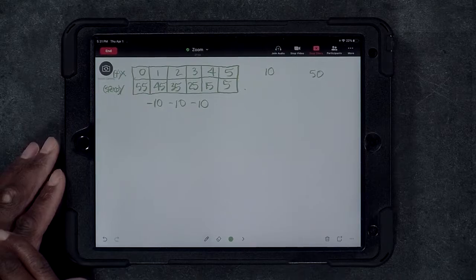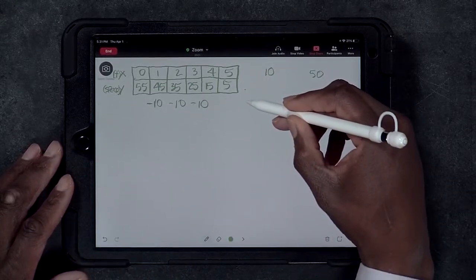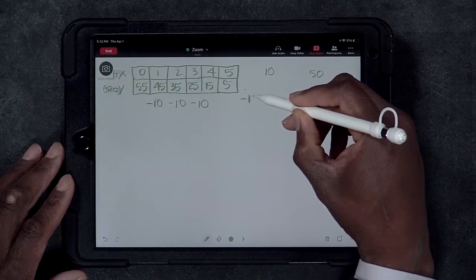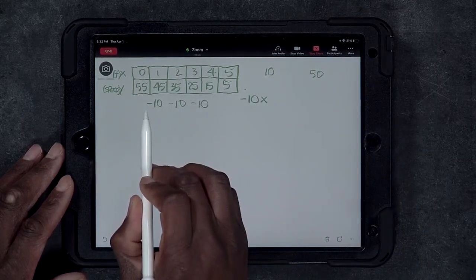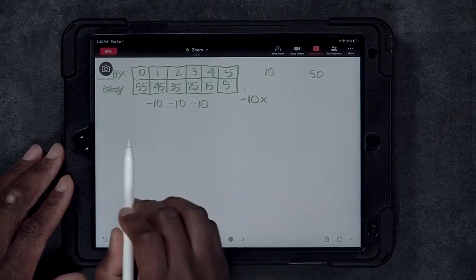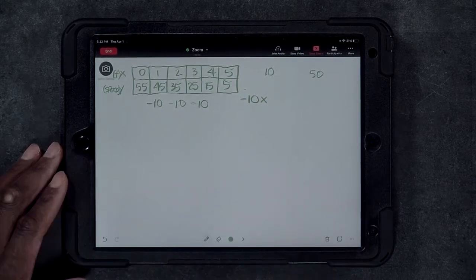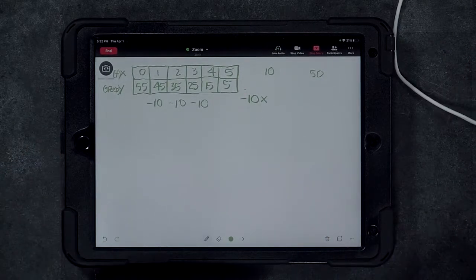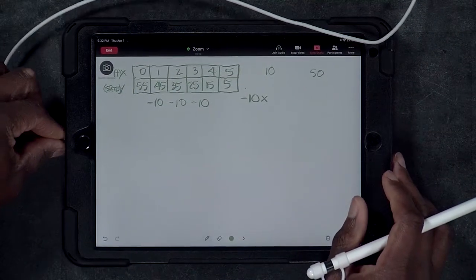The way you write that in math is to write that as a product, negative 10x. The continuous subtraction of a number can be rewritten as the multiplication of whatever it is that's being repetitively subtracted.